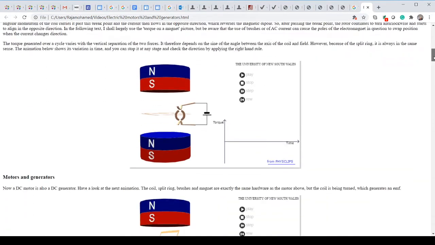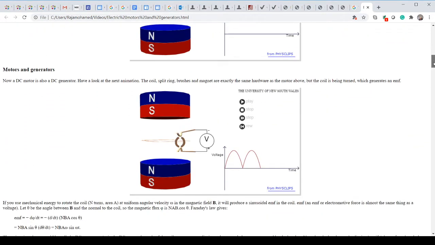We can see it on this animation website.